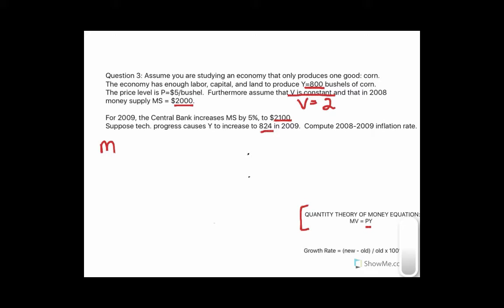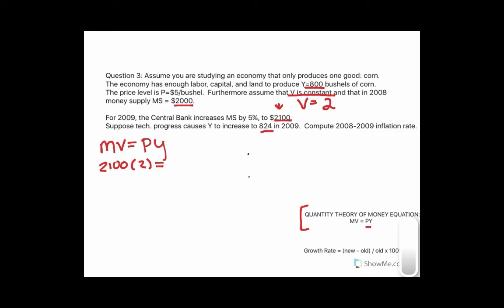So using this equation, MV equals PY, where M is the money supply, V is velocity, P is price, and Y is real GDP. M equaled 2,100, and we get that right up here. V equaled 2, we get that, remember, because it's a constant, and we found that in our last equations.